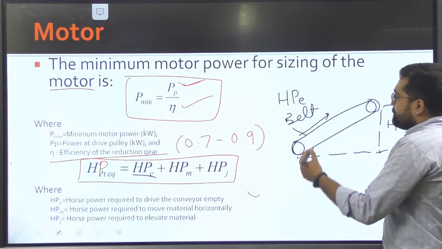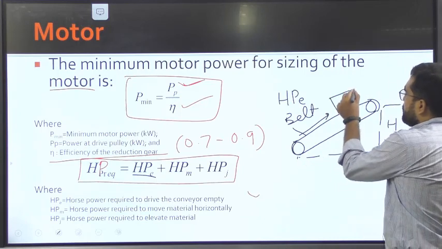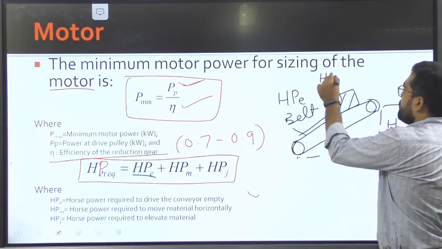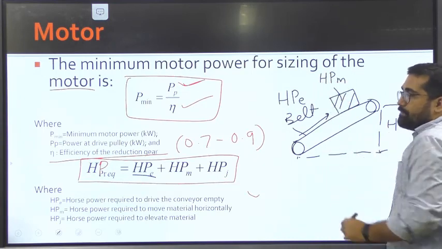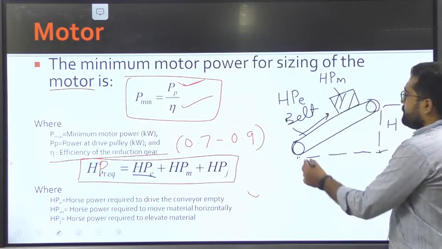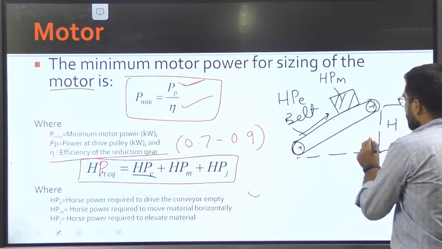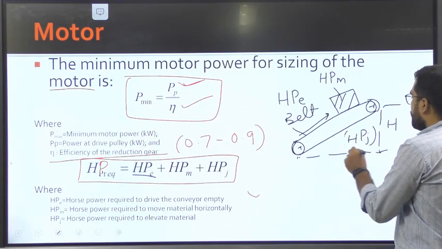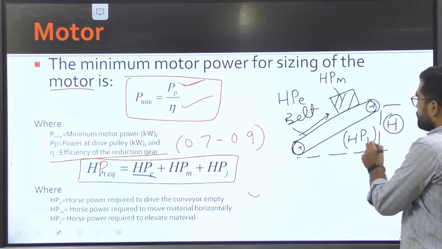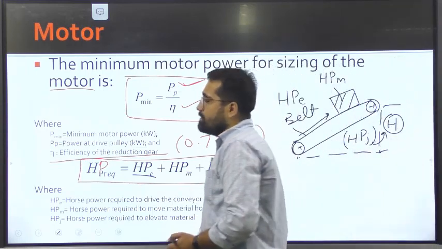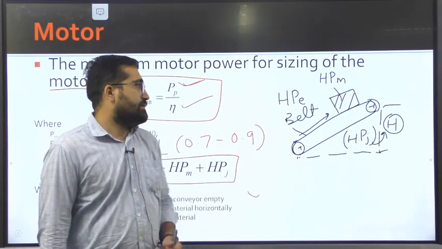Then what is HPM? Suppose we have kept a material with mass m on this belt. How much power is required to move the material on this belt will be HPM. Now HPJ: since we are covering some certain height, how much elevation we are gaining will be given by HPJ.